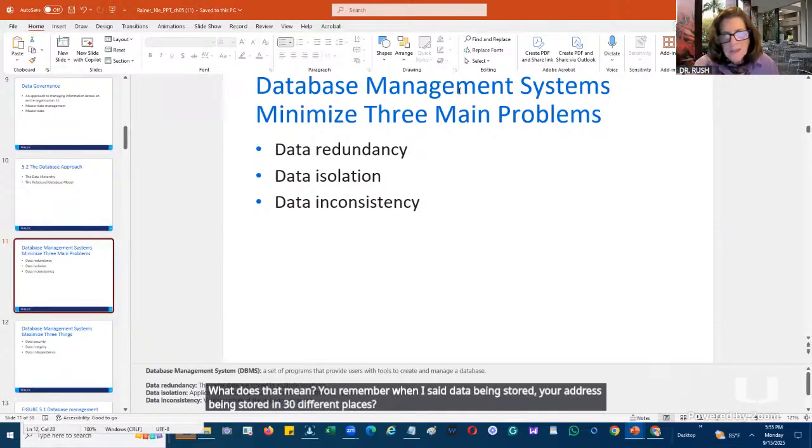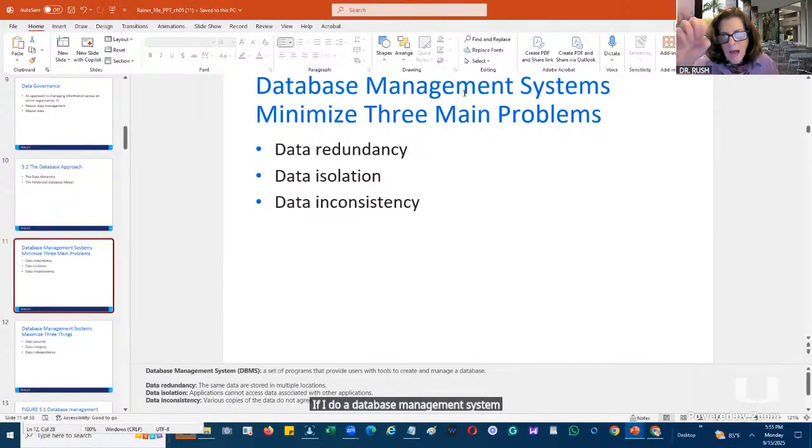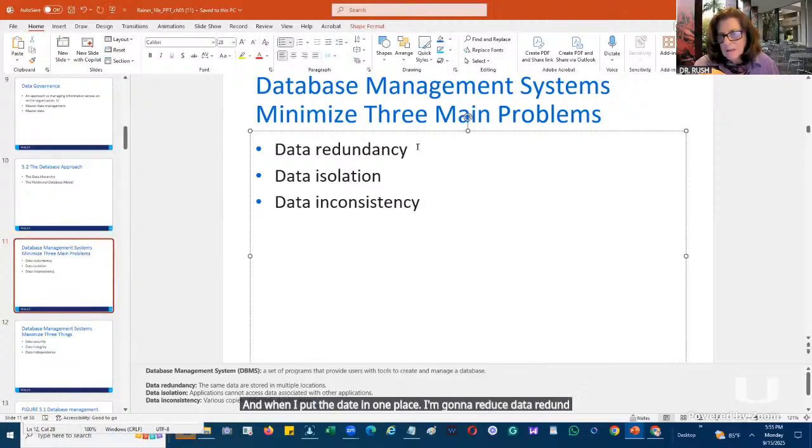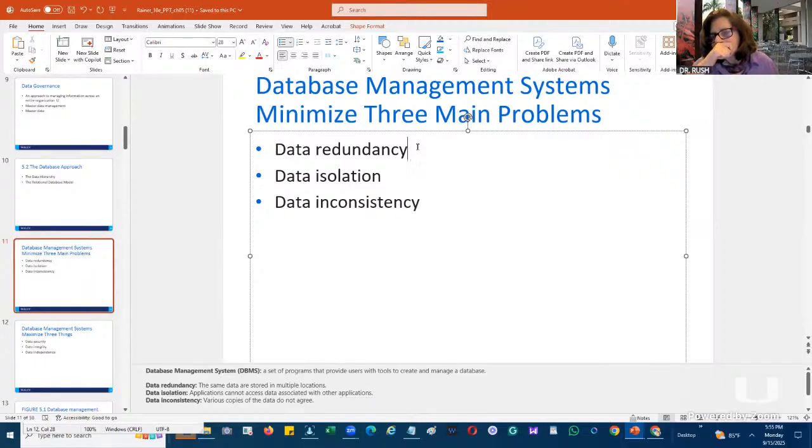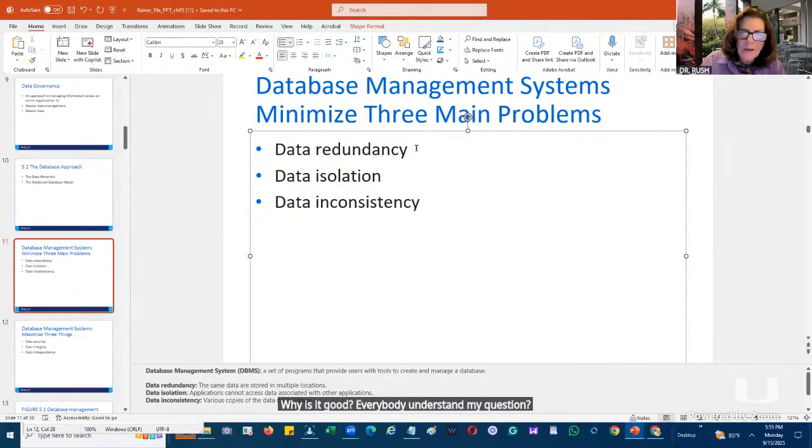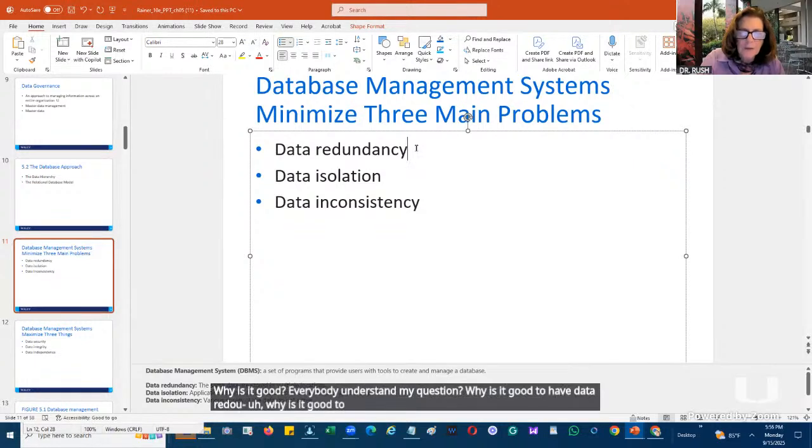If I do a database management system, I'm going to put the data in one place. And when I put the data in one place, I'm going to reduce data redundancy. Why is that good, Connor? Why is it good? Everybody understand my question? Why is it good to reduce data redundancy?